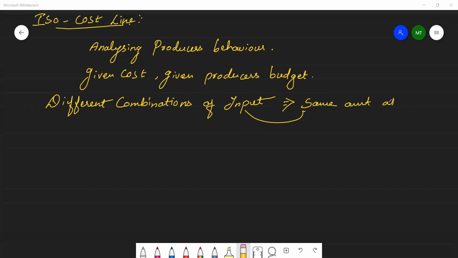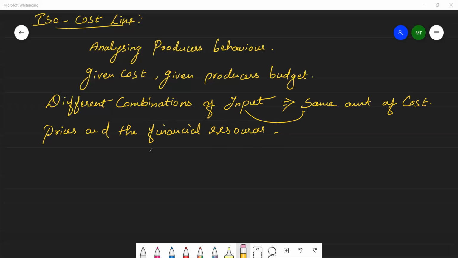The isocost line gives the information of factor prices and financial resources of the firm.